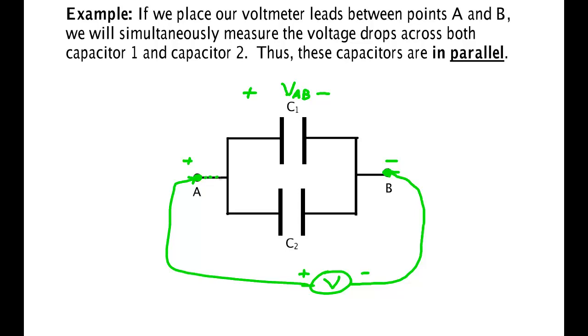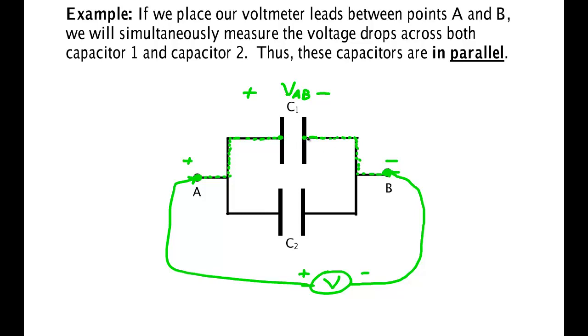Every point along here, since this is a wire, is an equipotential surface. In essence, it's a single point. Likewise, every point along this path is an equipotential surface since it's a conductor, so it's just one point. So it's as if I put my meter between here and here.